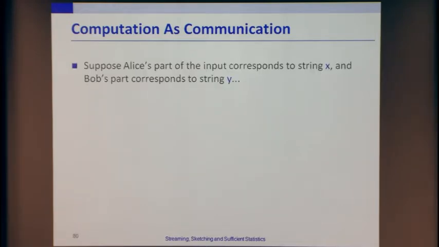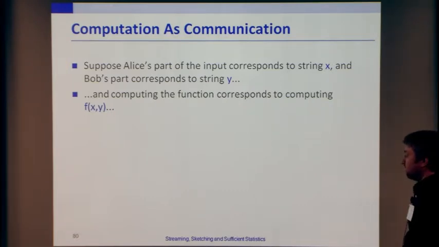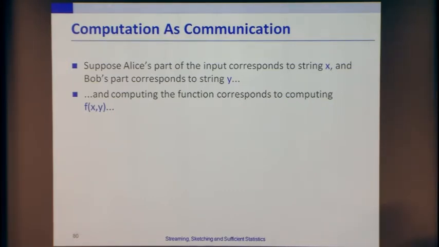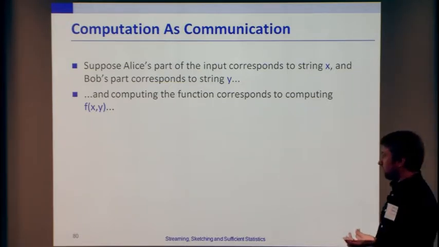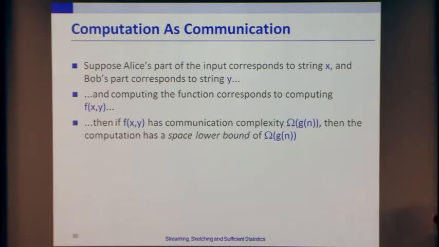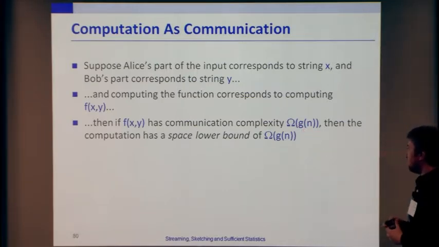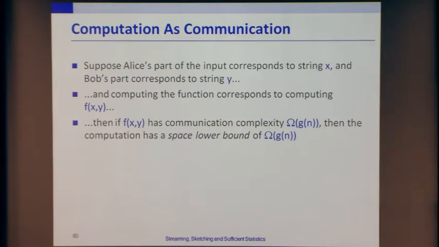In particular, we can make the following argument. If we think of Alice's part of the input as a string x and Bob's part as a string y, and we can express the computation that we want to achieve, whether it's an exact computation or an approximate computation, as computing some function f of x and y, then if we can argue that in this communication world, computing f of x and y between Alice and Bob has a communication complexity at least Omega(g(n)), that immediately translates into a space lower bound for that computation of the same magnitude.